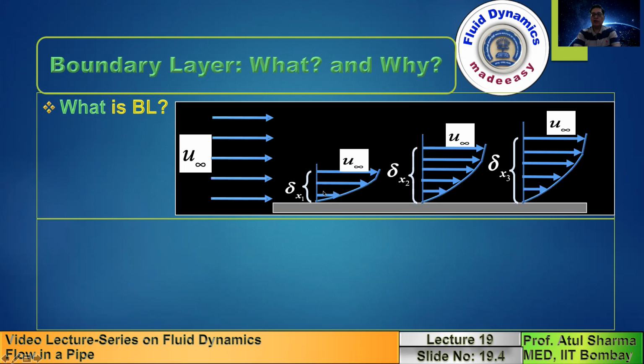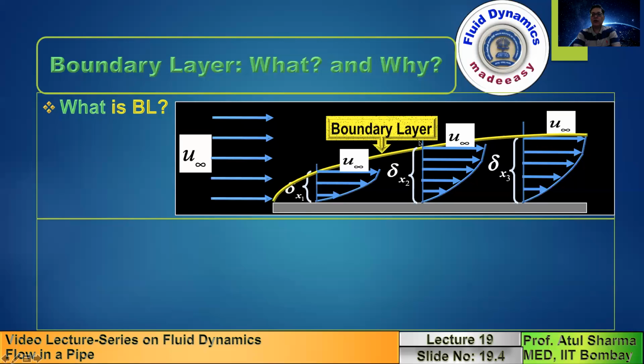And if you draw the locus of the points at which the velocity is almost equal to u infinity, the inlet velocity, then you end up with a line which is called the boundary layer.